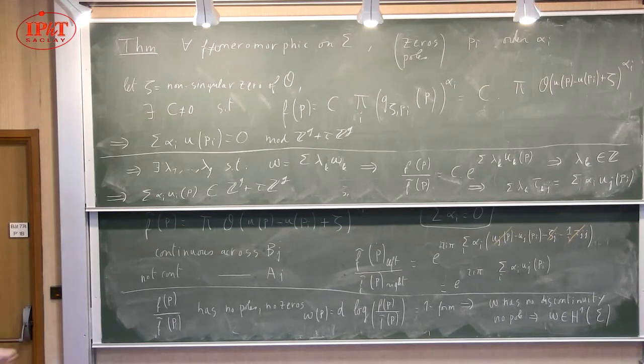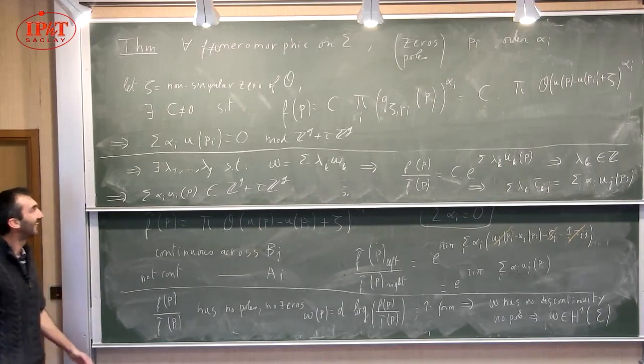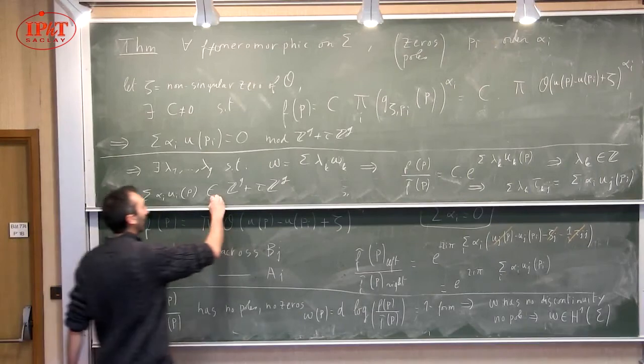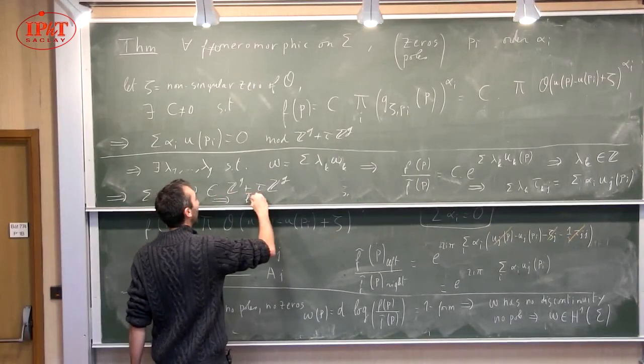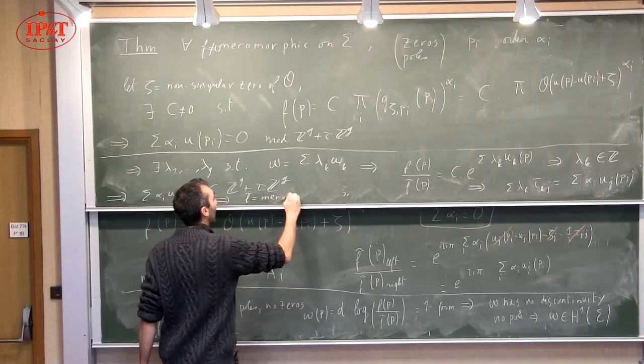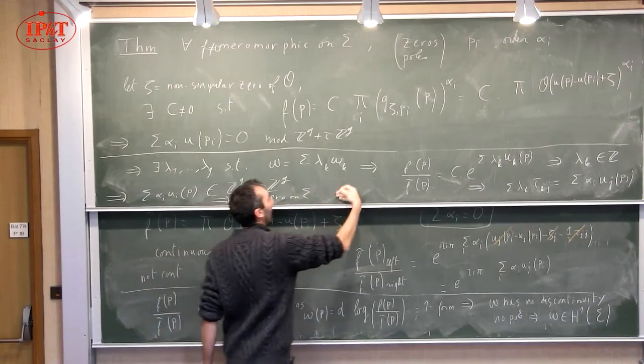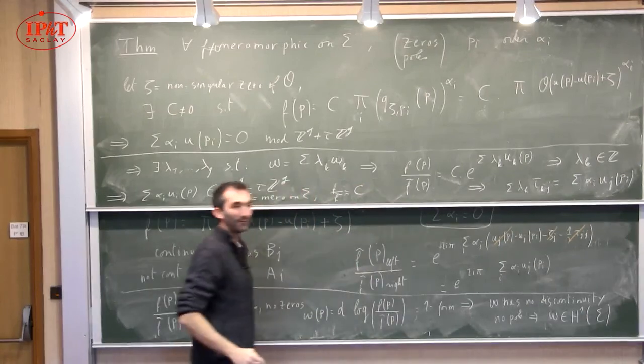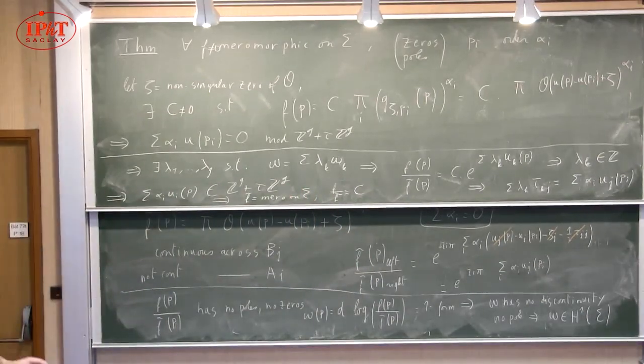It's a long way, but in the end, f tilde is meromorphic on sigma, and thus f over f tilde must be a constant, because it's a meromorphic function without poles, so it must be a constant.